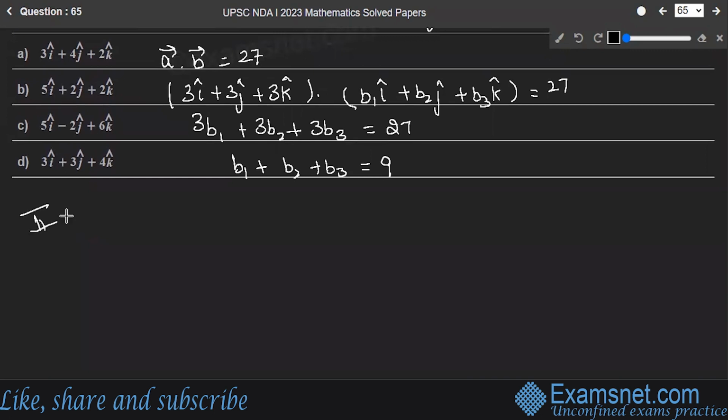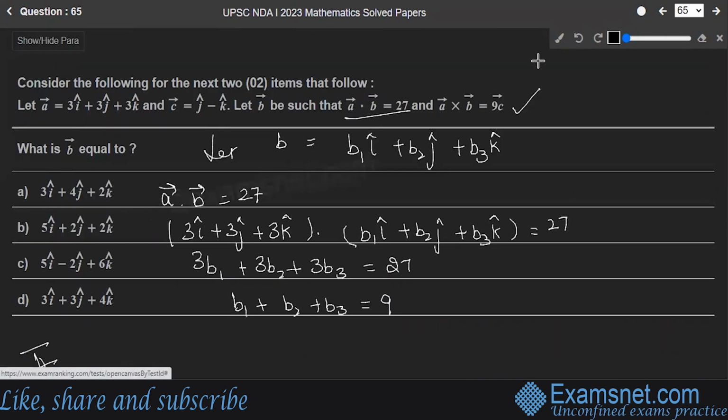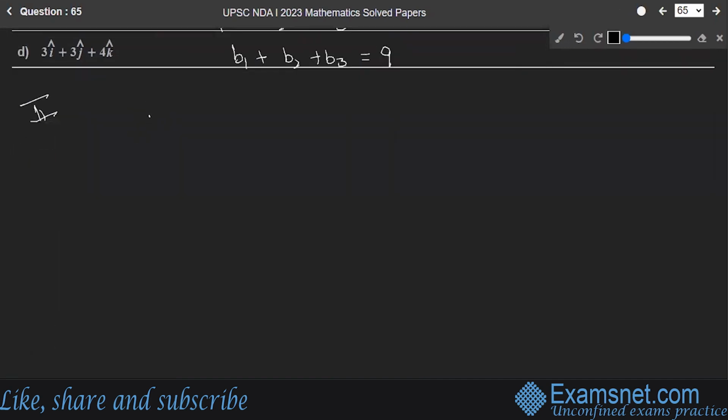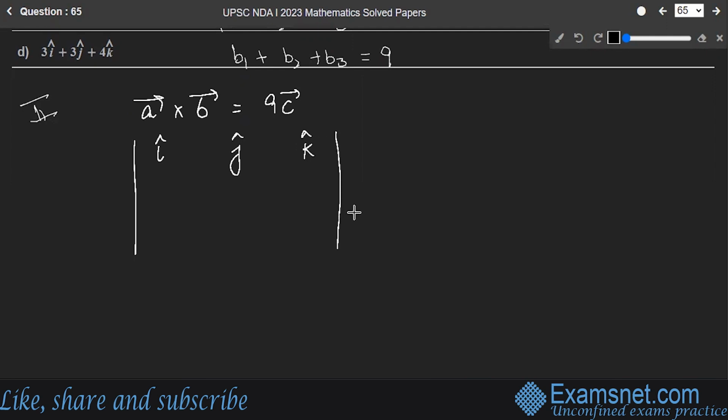Now the second thing, that A cross B vector is equal to 9C vector. So this can be given by the determinant with i, j, k, and 3, 3, 3, and this was B1, B2, B3.